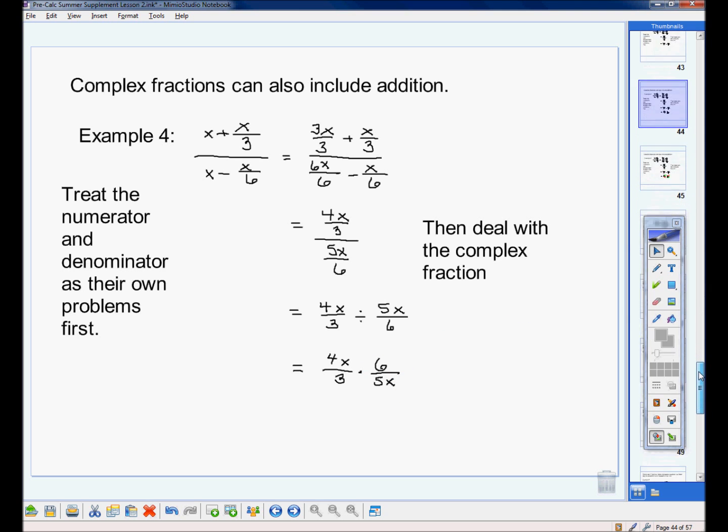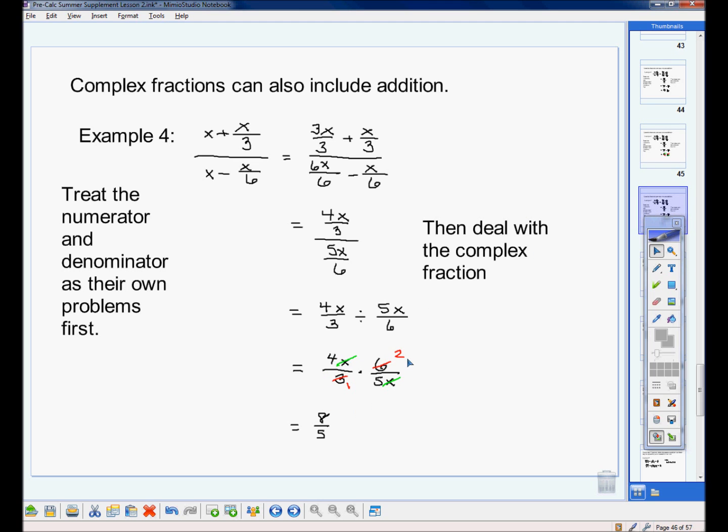Then we need to remember that the next thing we can do is cancel. So we'll cancel those out. 1 and 2. X's cancel. And what we're left with is 4 times 2 is 8 over 1 times 5, which is 5. So this whole complex fraction here reduces down to 8/5.